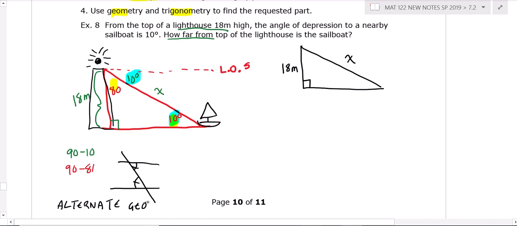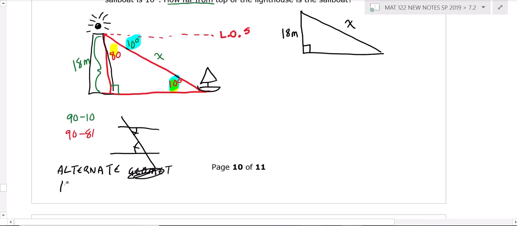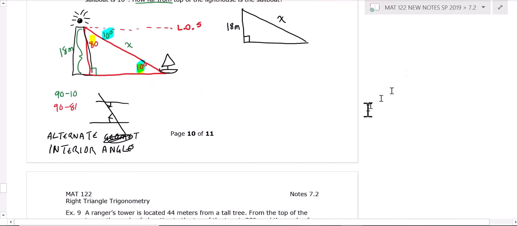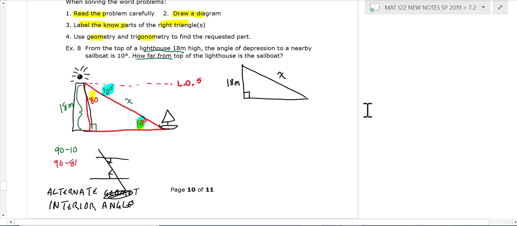If you take that in high school, that's where you learn about alternate... What I meant to say was alternate interior angles. That's worth writing down because that's a vocabulary word or concept that you may have to look up a little bit and review if you need to. Okay? All right, but you use that alternate interior angle theorem quite a bit in trigonometry.